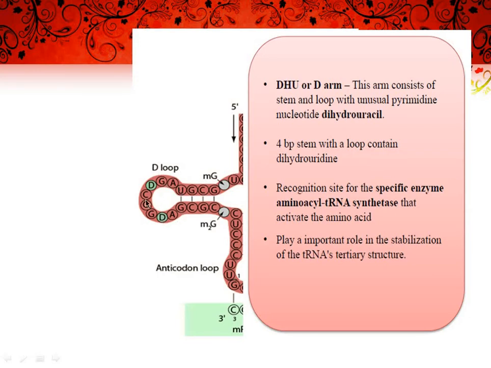This loop is responsible for the recognition of the specific enzyme aminoacyl tRNA synthetase. Now, this loop has a stem here. This stem consists of 4 base pairs.